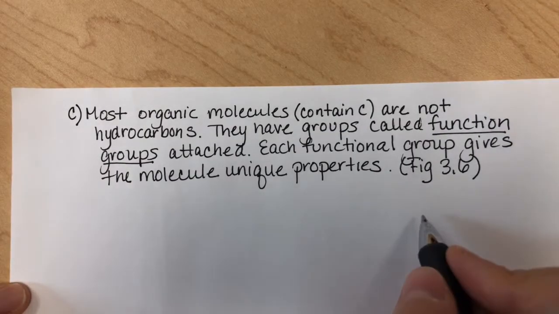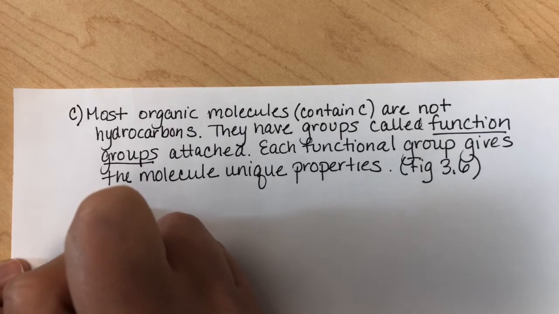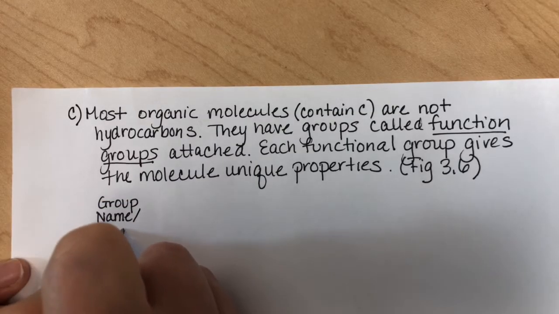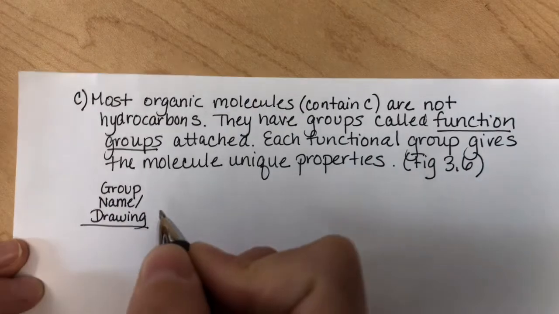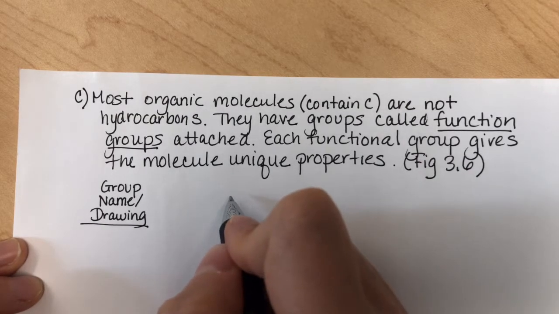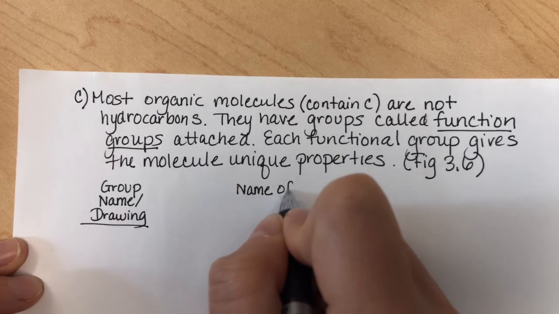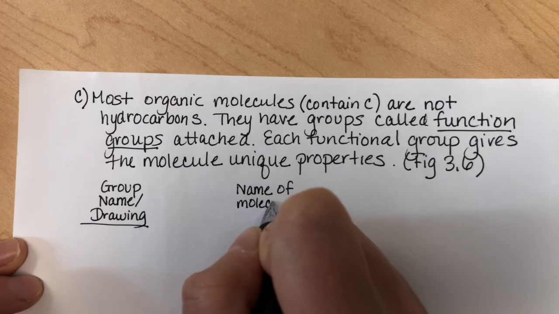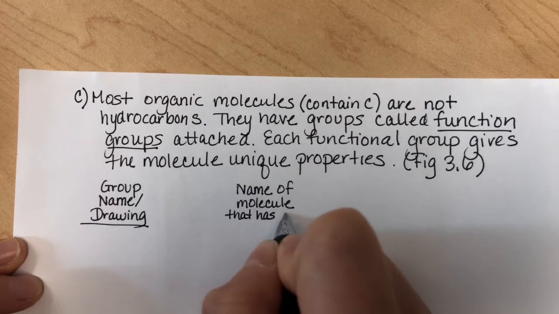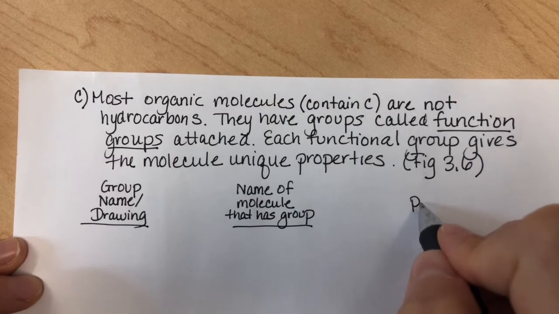I'm going to write the group name and draw it out here. And then I'm going to write the name of the molecule that has that functional group. And then I'm going to write some properties.